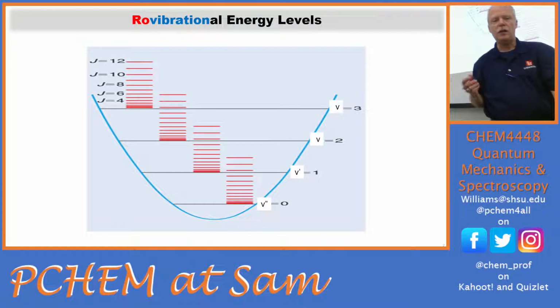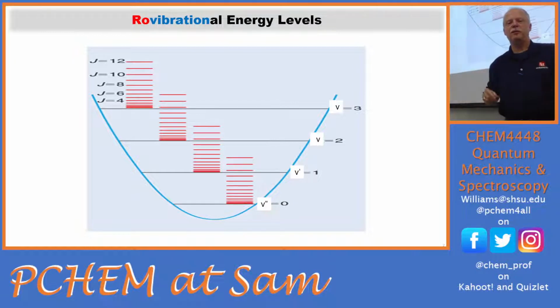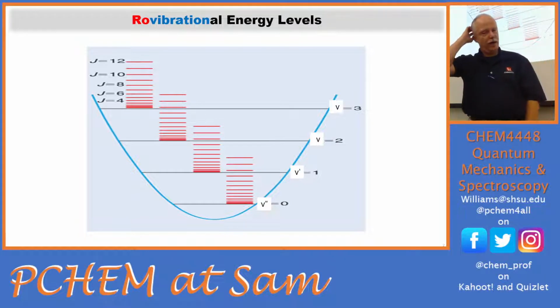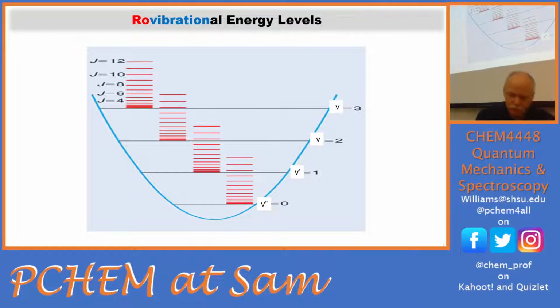So what we have is the vibrational potential that you see here in blue, and then on each of those vibrational levels we have the rotational lines. One of the things I do want to point out is that, by convention, the first spectra that they interpreted were emission spectra.